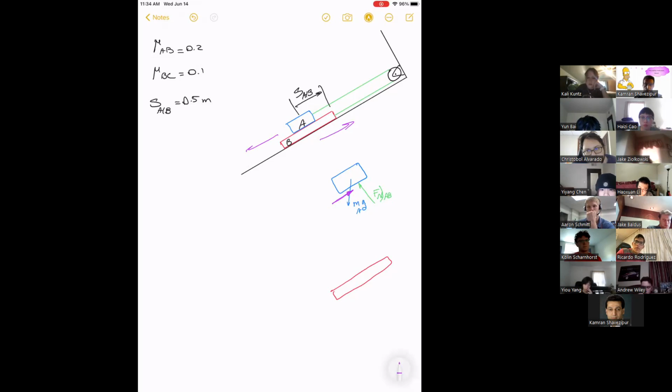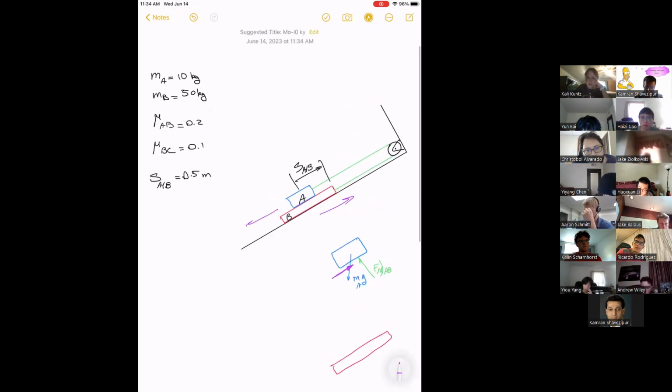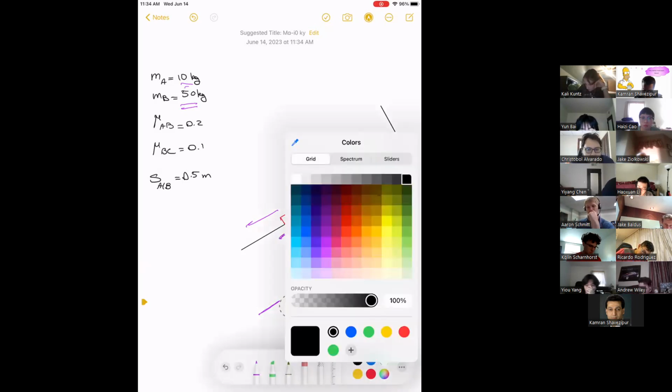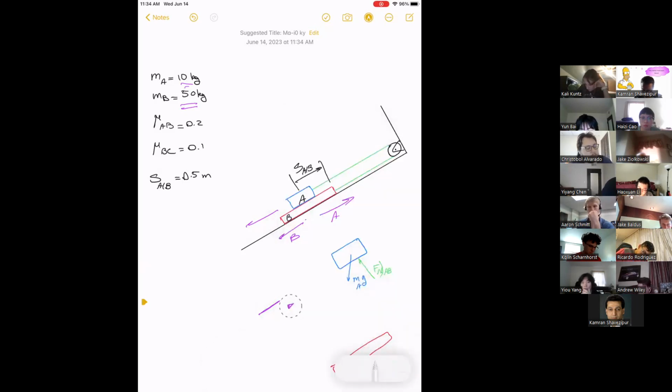You may not know, but considering MB is 50, MA is 10, you have the heavier stuff in the bottom, it looks like B goes down, A goes up. If A goes up, the friction is going to be which way? The opposite of that direction. So that friction force is going to be down. Okay? And that's how you analyze friction.